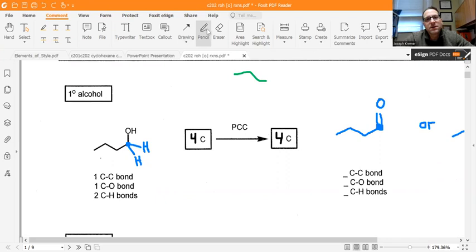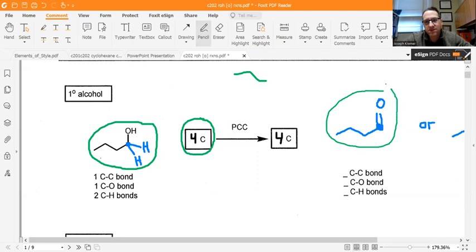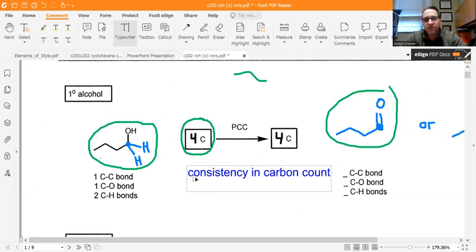And all things considered, a reactant with 4 carbons, as you see here, will give a product of 4 carbons. So there is a consistency in carbon count. You saw that for rearrangement reactions.